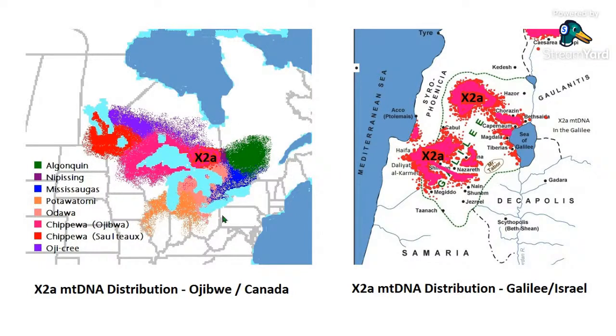And interestingly enough, this is the area of the copper mines where they mined copper in the United States. So it seems to me that the Phoenicians also brought with them the X2A and/or brought it back from America to here, as far as that goes.